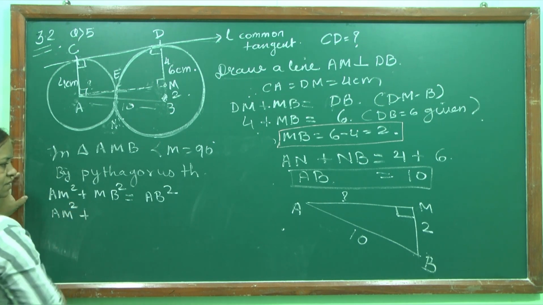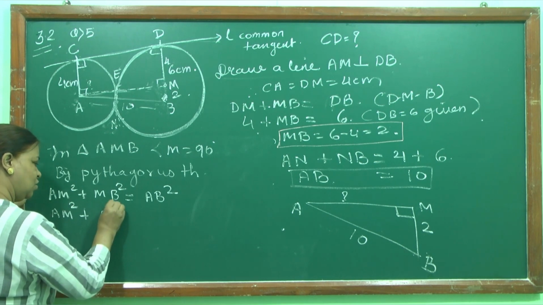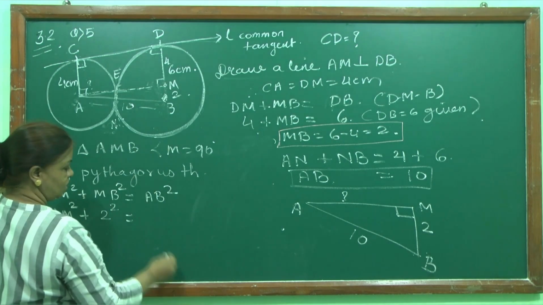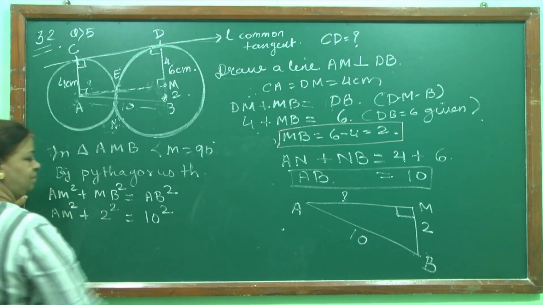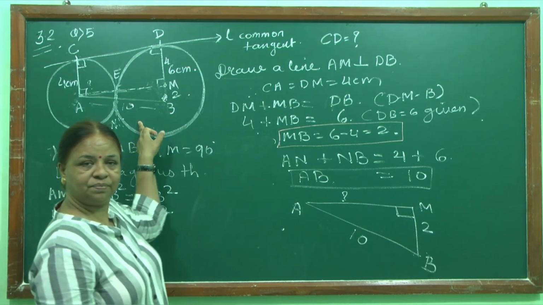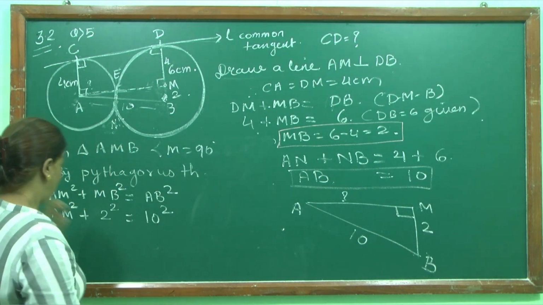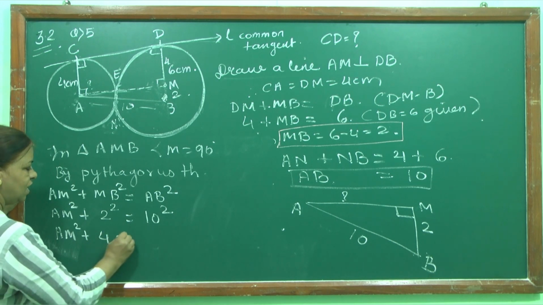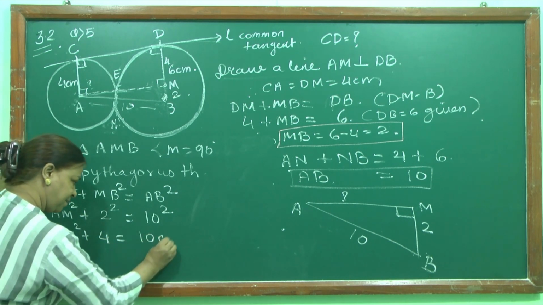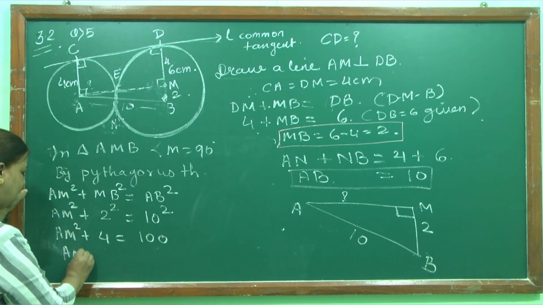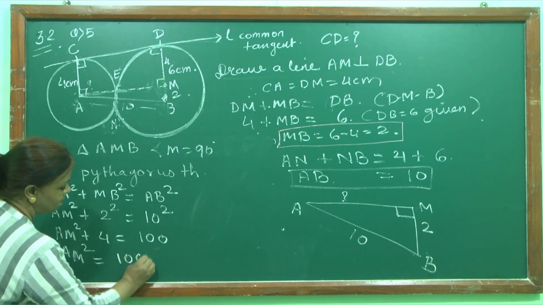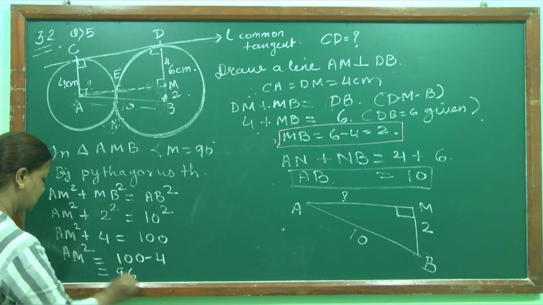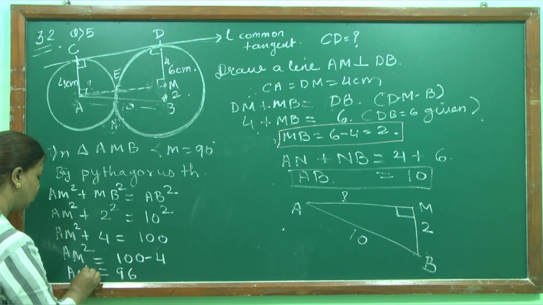AM square plus MB square, which is 2 square, is equal to AB square. AB is how much? 10 square, because AB is 10. So AM square plus 4 is equal to 100. So AM square is equal to 100 minus 4, which is equal to 96.